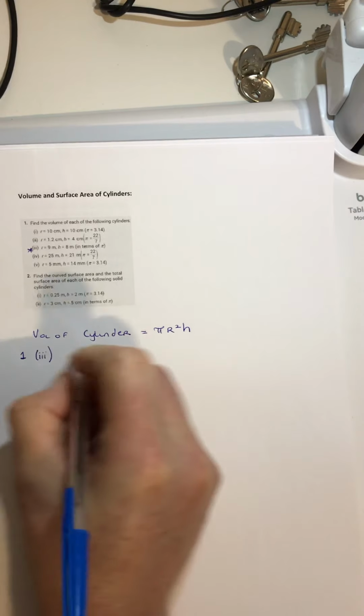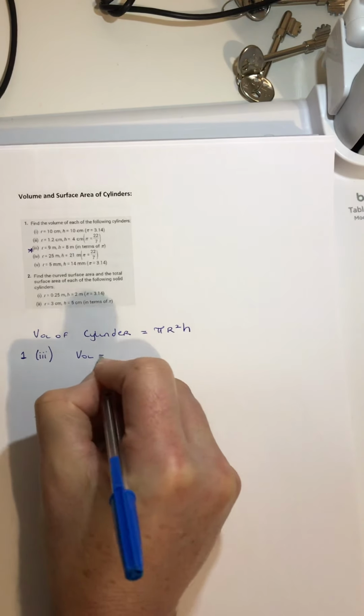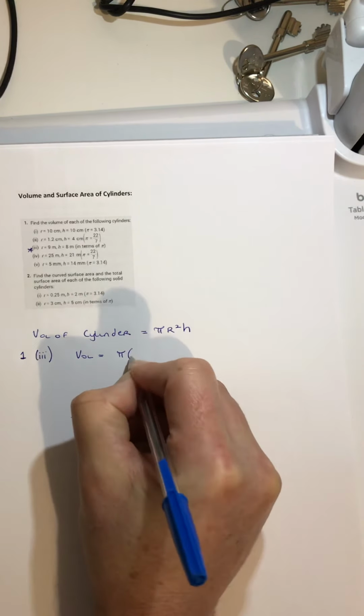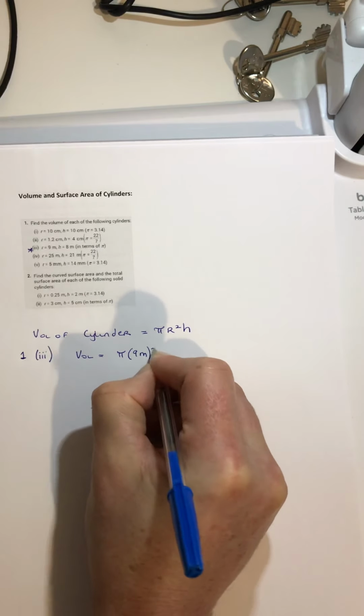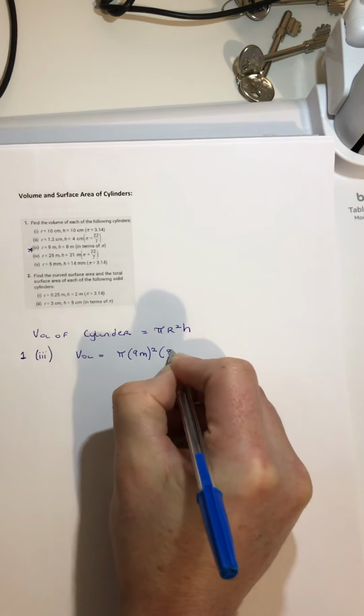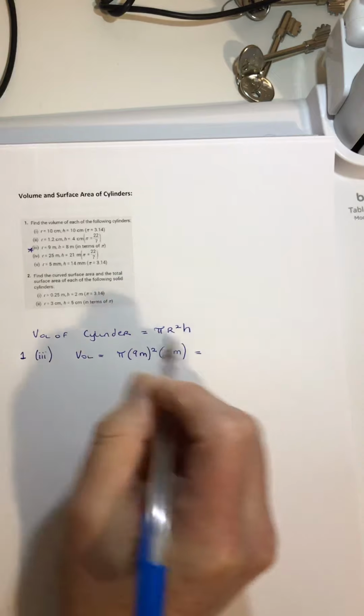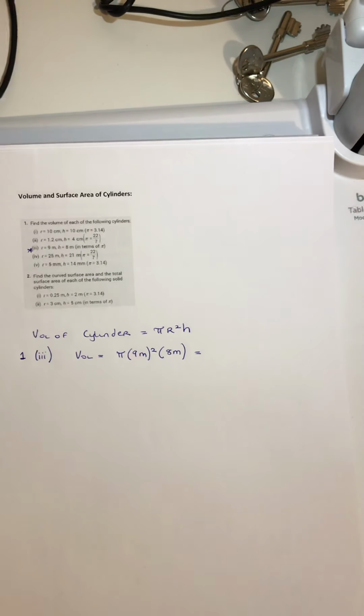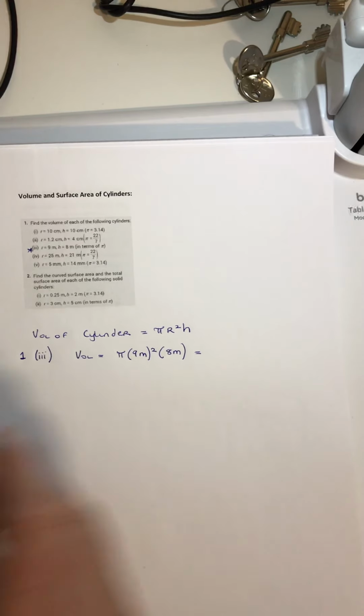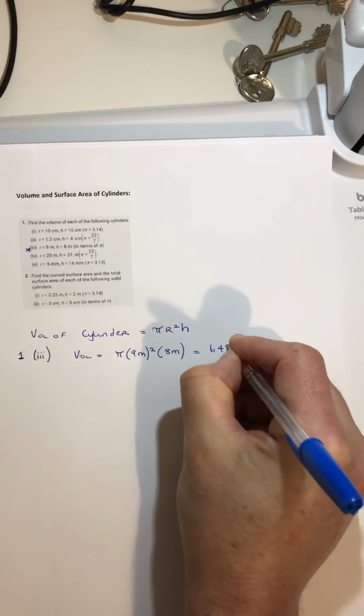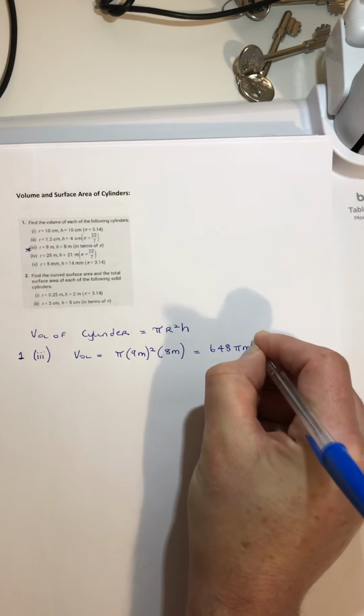The volume will be equal to pi, the radius is 9 meters squared and the height is 8 meters. And they want us to give our answer in terms of pi, so our answer will be 648 pi meters cubed.